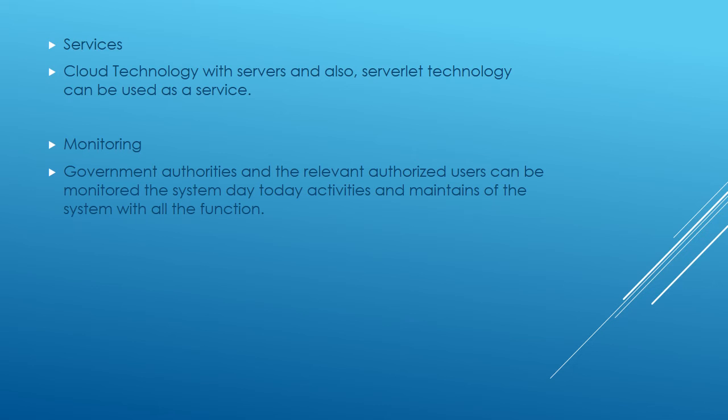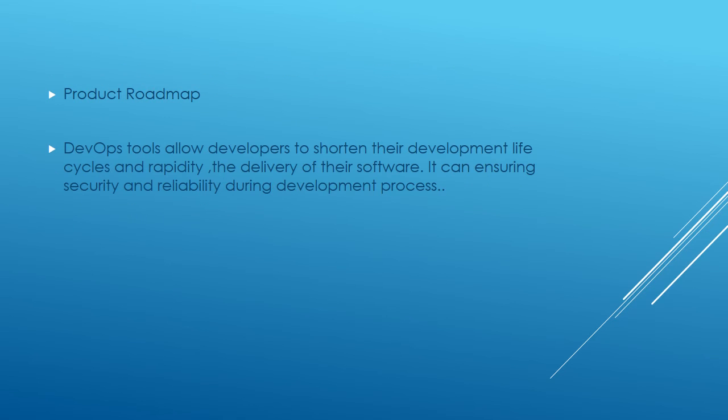And for the services, mainly cloud technology will serve, and serverless technology can also be used as a service, with monitoring. Most of the time, government authorities and the relevant authorities can monitor the system data and daily activities, and maintain the system with all the functions and the roadmap.